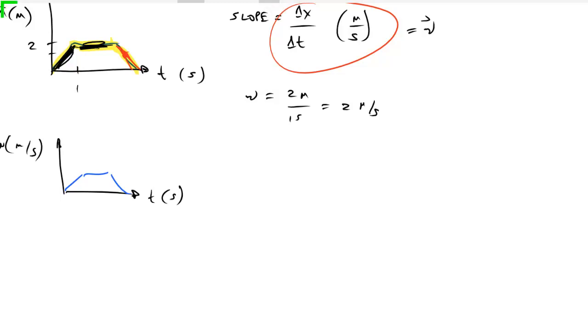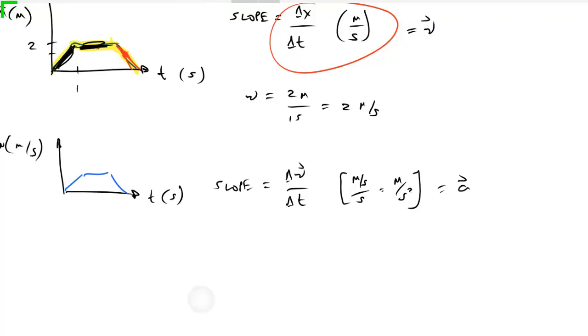Then the slope of this would be equal to our change in velocity with time. And the units of this would be meters per second per second, which is meters per second squared. And so this is what we define to be the acceleration. So the slope of a velocity versus time graph is acceleration.